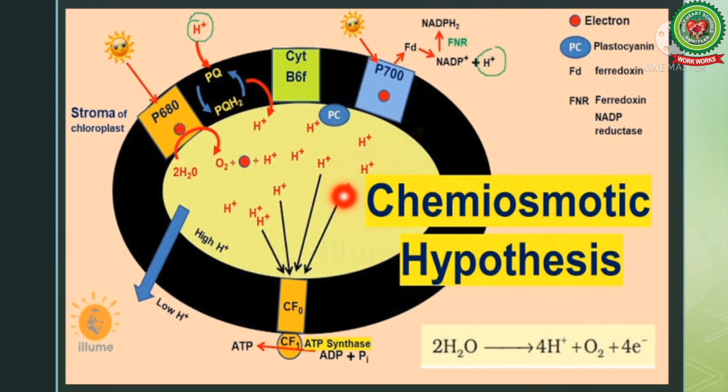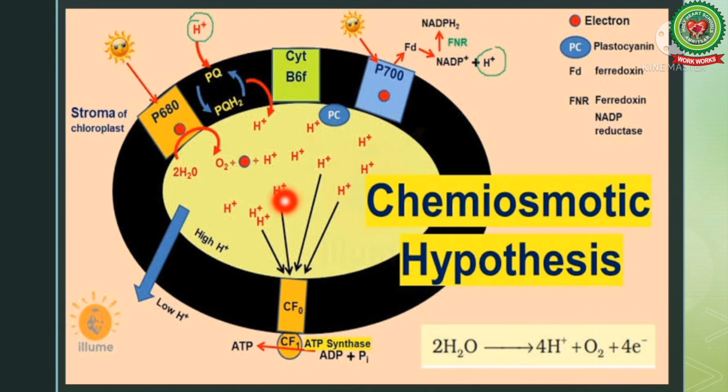As a result, photolysis takes place and releases electrons and protons. The electrons get excited to a higher energy level and are transported by the electron transport system, while protons from the stroma start to accumulate inside the membrane. This creates a proton gradient.